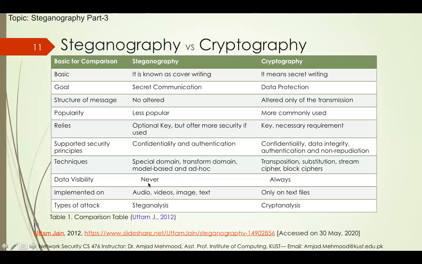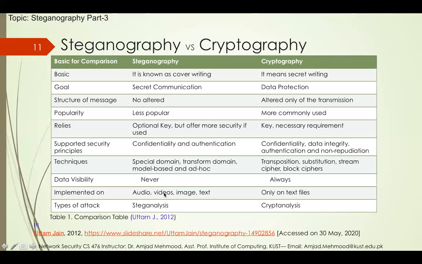Data visibility: never. If you remember when we were studying cryptography, the data was traveling and accessible, but we converted the plain text into cipher text. The user cannot understand that, but in steganography, the user cannot even determine where the data is hidden inside that image or video.